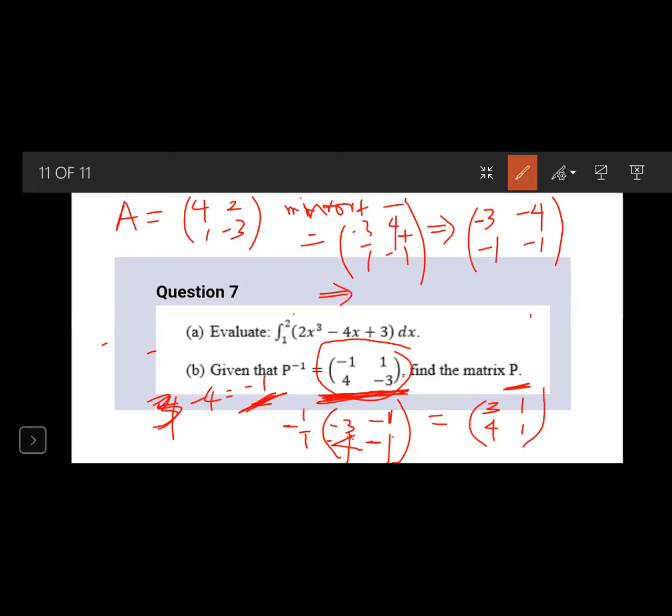When you are finding the adjoint, you swap row for column. So that's -3, -1, -4, -1. Then you now multiply by -1, or you divide by the determinant. Determinant is -1. So that one will give us 3, 1, 4, 1. So this is our P.